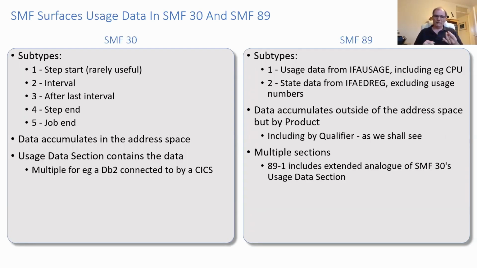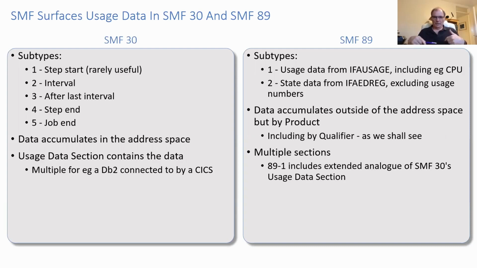Some of it's actually in after last interval, and it's in step end and job end, depending on what we're talking about. So I tend to concentrate on SMF subtypes 2 and 3 interval records, and for different reasons on step end and job end. Both those categories really are kind of useful in this story.